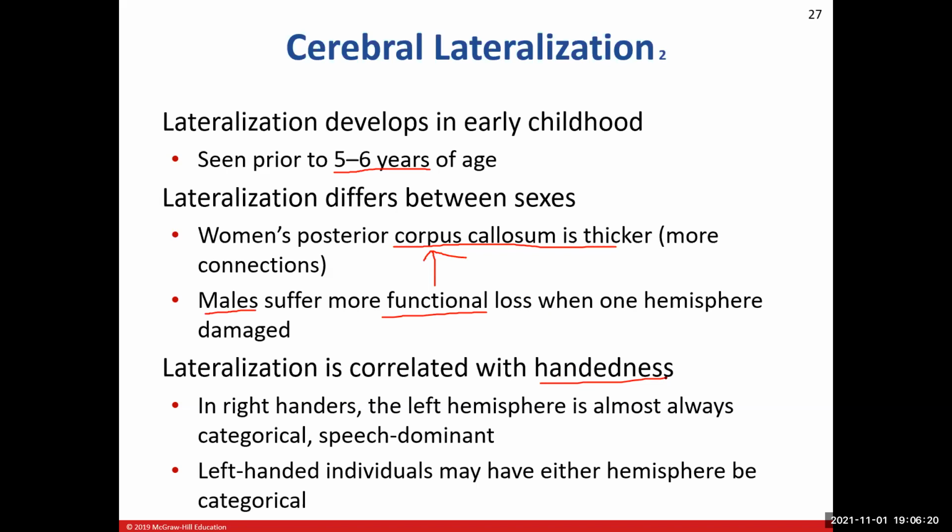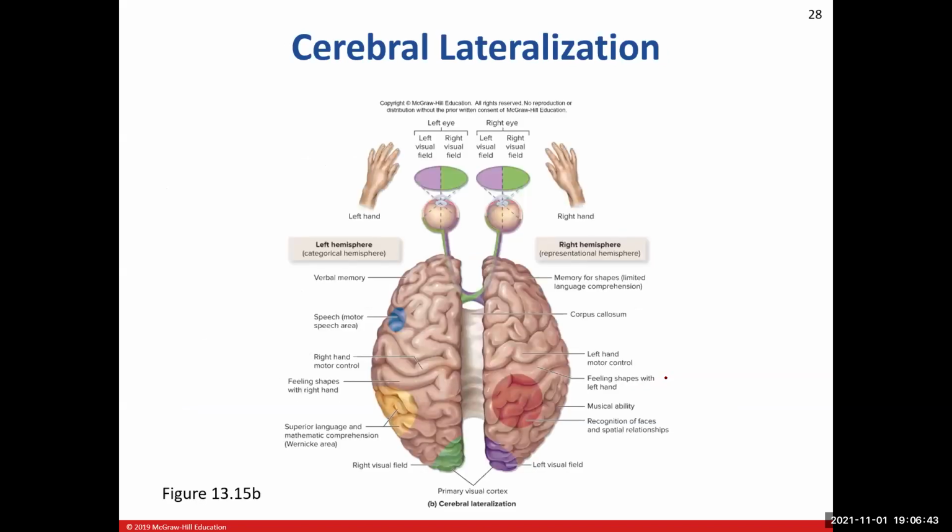It can be either or. Your categorical hemisphere could be either the left hemisphere or the right hemisphere. It's a 50-50 shot. But if you're a right-handed person, pretty much your left cerebral hemisphere is going to be the categorical hemisphere, and your right cerebral hemisphere will be the representational. But if you're left-handed, it's either or.